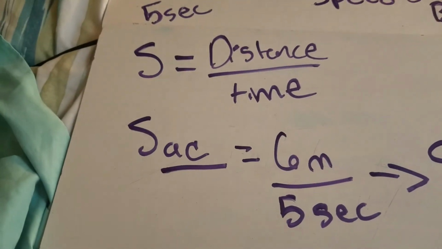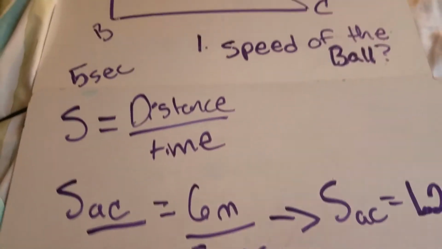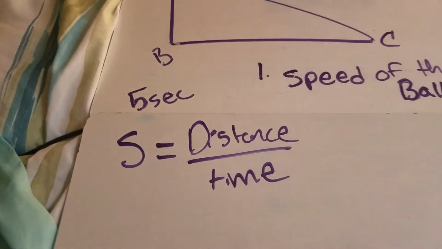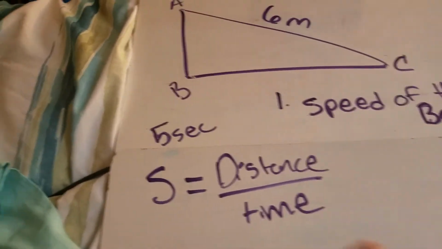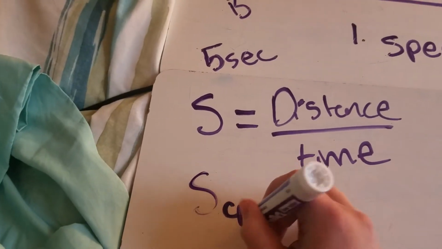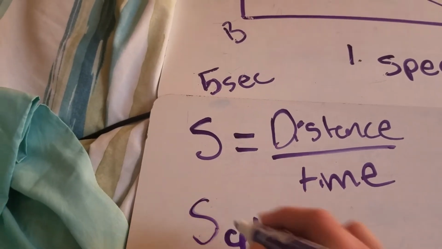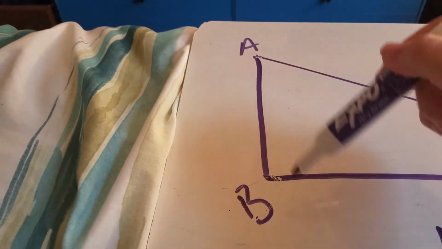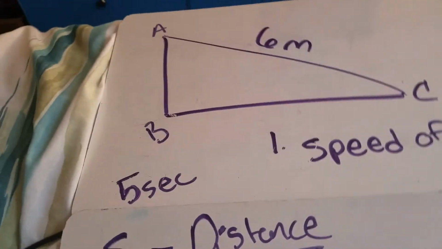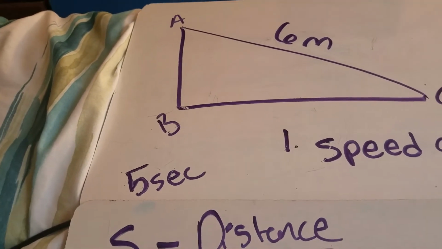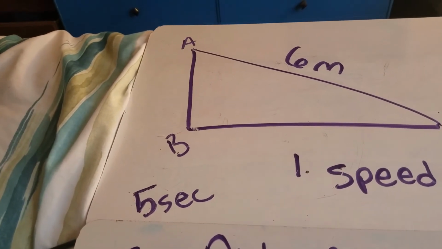All right, let's try another one like that. Let's just erase this. I want to now find the speed of the ball, but I want to do the speed of AB. So now I want the speed vertical between A and B. In order to do this, we do need one more thing. So I'm going to give us a length here, or a distance.